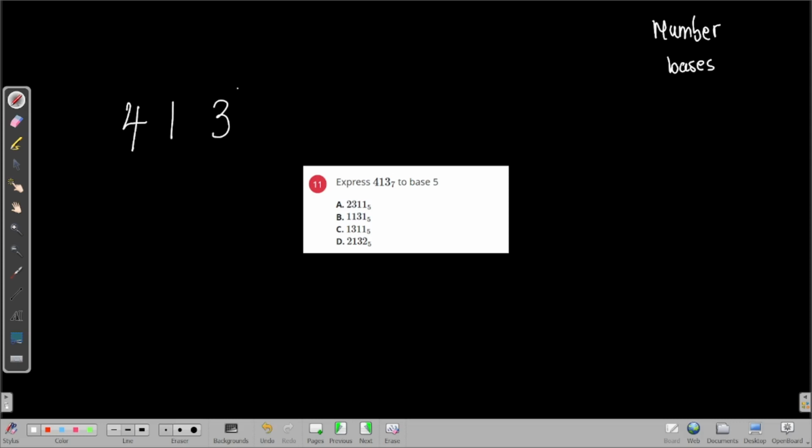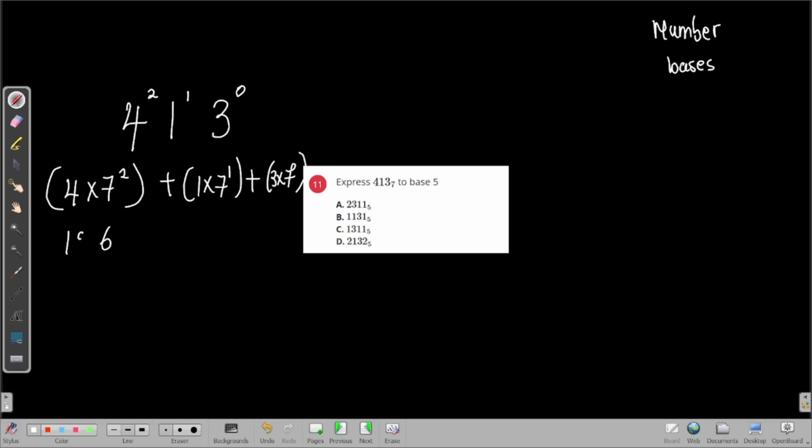So this is 4 times 7 raised to the power 2 plus 1 times 7 raised to the power 1 plus 3 times 7 raised to the power 0. 4 times 49 is 196, plus 7 plus 3, and that's equal to 206 in base 10. So 206 in base 10, we have to convert that to base 5.